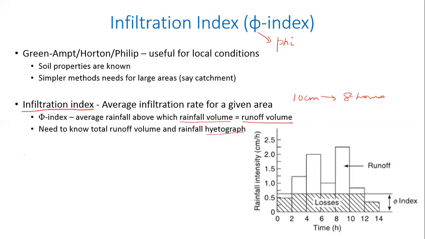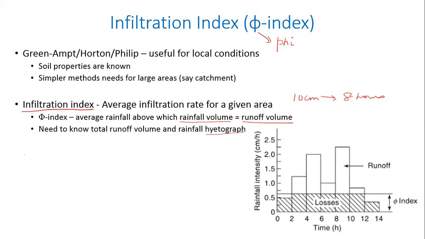Let us say this line that is drawn over here is the phi index. What it is saying is that whatever is above that shaded portion, that portion of the rainfall has all become runoff. You understand this?